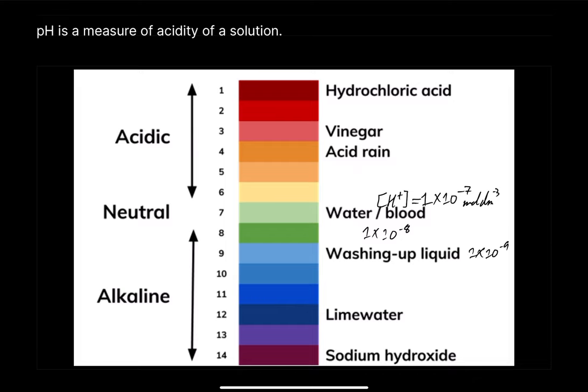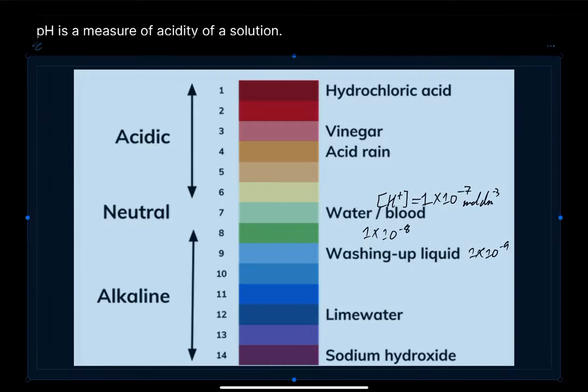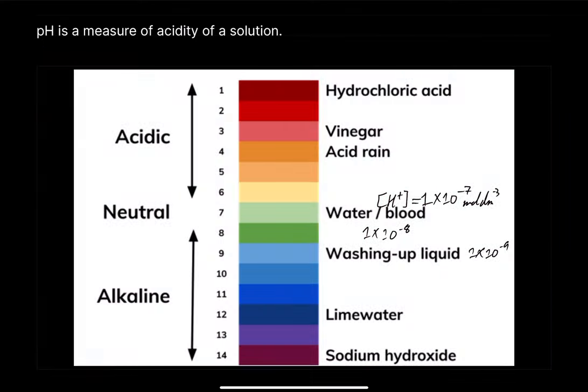I think it's slightly higher than that, slightly more alkaline. Correct me if I'm wrong, but all I know is it's roughly 7, close to 7, but not exactly 7. But pure water is, and the reason is that the H plus concentration of water is 1 times 10 to the power of minus 7. But if you only considered that, it would make it look like water is really acidic.